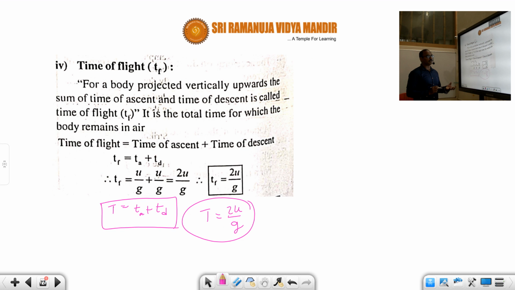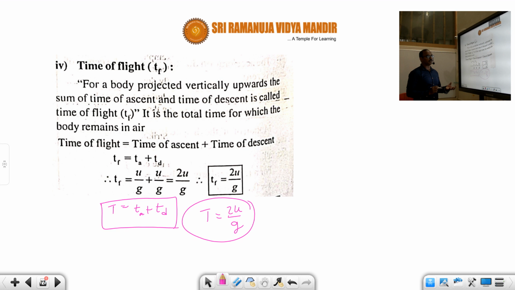An object is thrown vertically upwards with a velocity u.